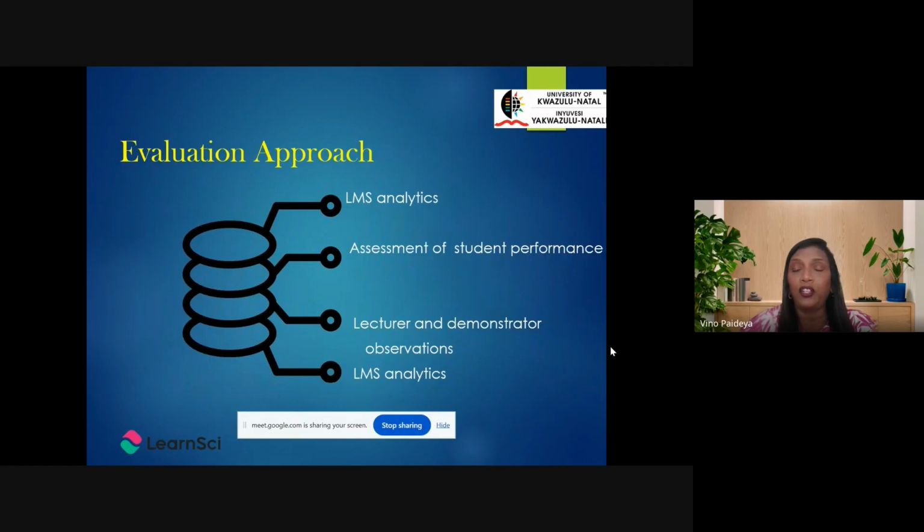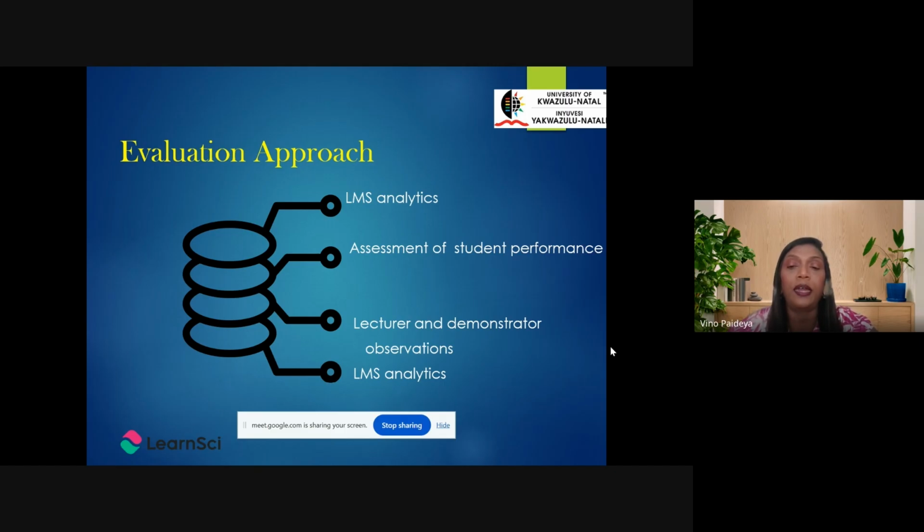So the evaluation approach: the LMS analytics are, as I said, extremely beneficial in terms of understanding where students are struggling, and what it is that they have no issues with. The assessment of students' performance also tells you how students are doing with the different topics and the different aspects in the laboratory exercises.